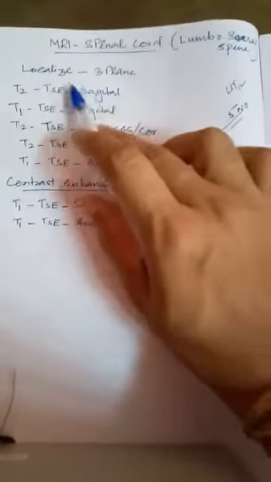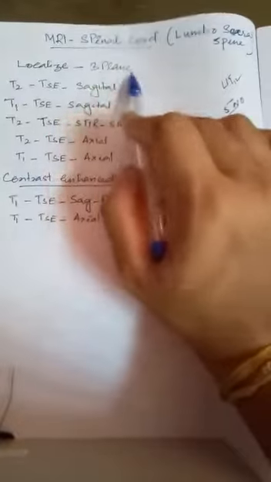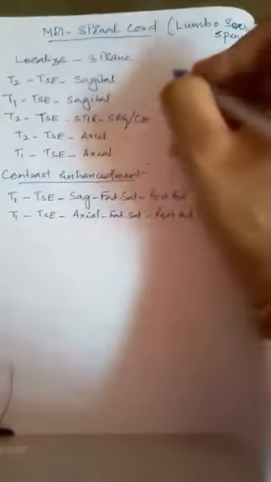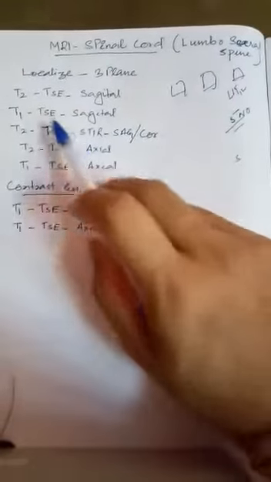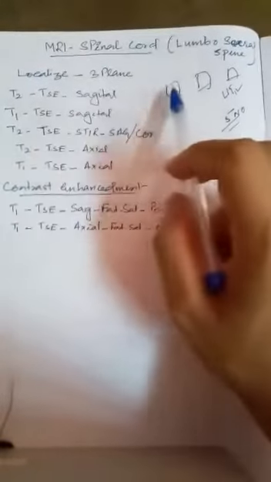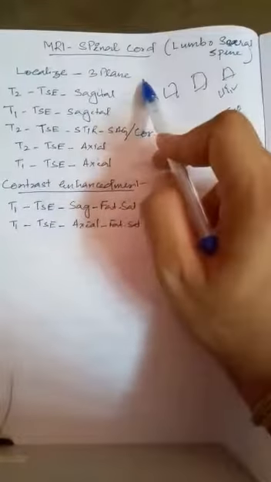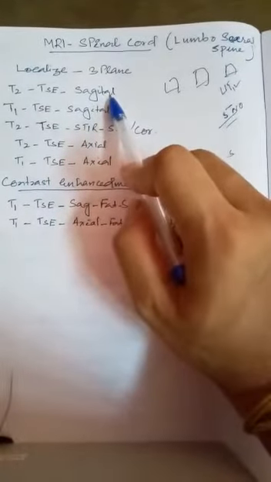In the localizer you have to localize the 3 planes, that is axial, sagittal and coronal, in the 3 windows of your computer. Then from that localizer, from the coronal section, we have to plan the sagittal section, sagittal T2 images.